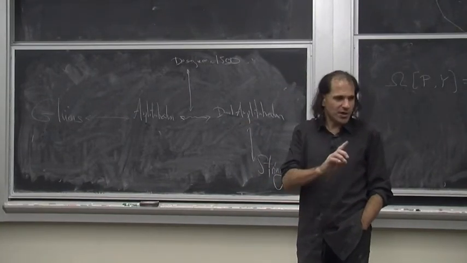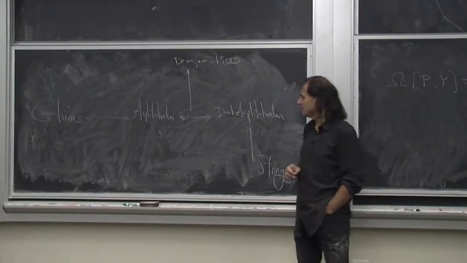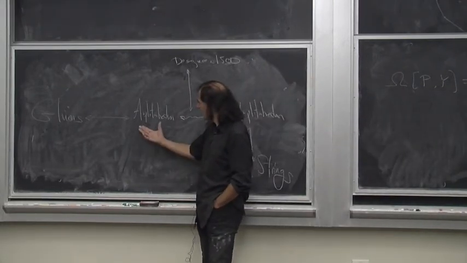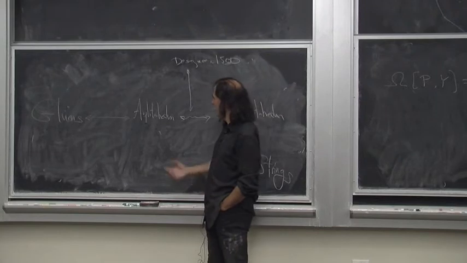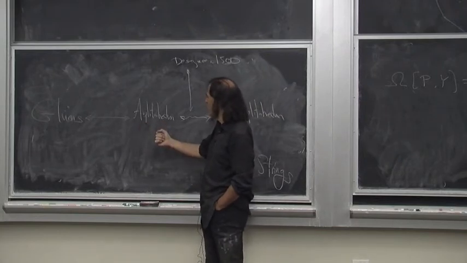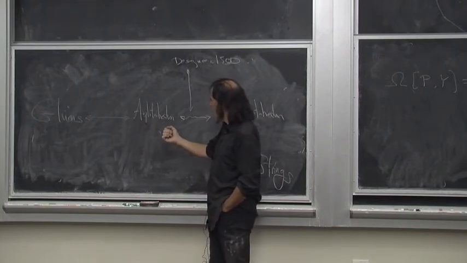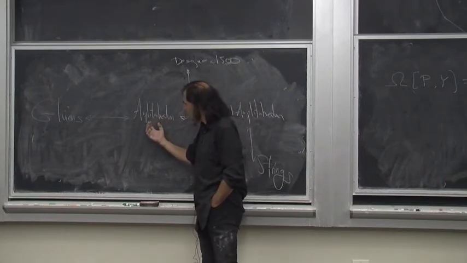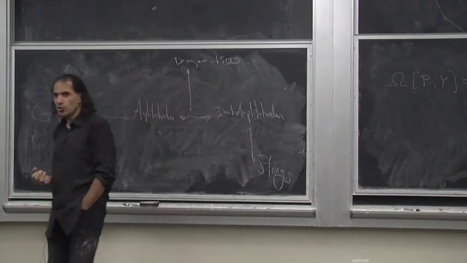But I'll just say one last thing about this, which is that there's still, to me, a difference between the picture of the amplituhedron and the story of the icosahedron.